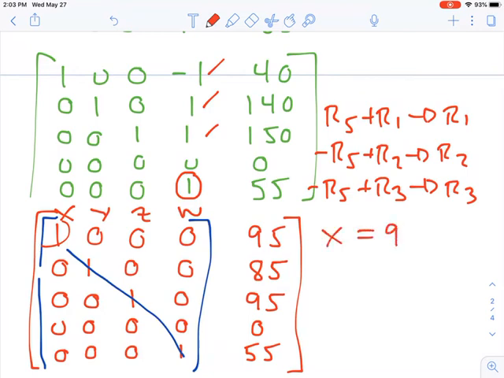I have 1Y equals 85, 1Z equals 95, and W equals 55. And those would be our answers, assuming we didn't make any silly arithmetic mistakes.